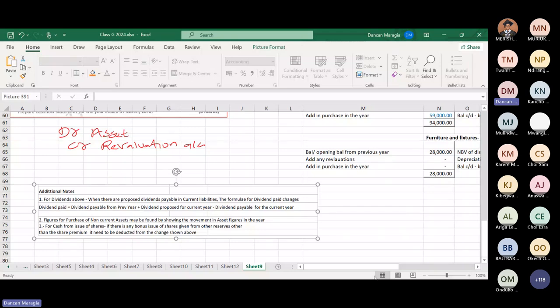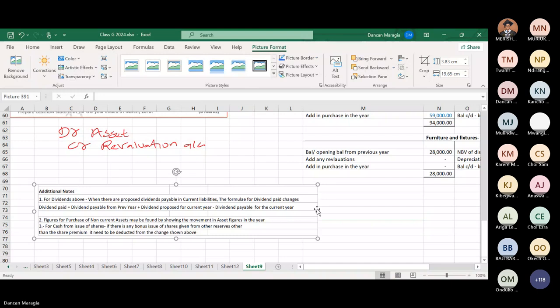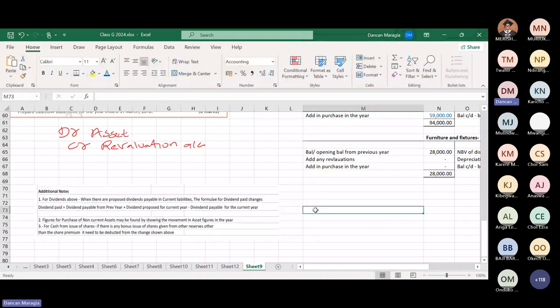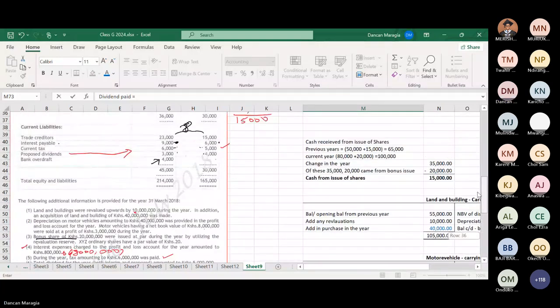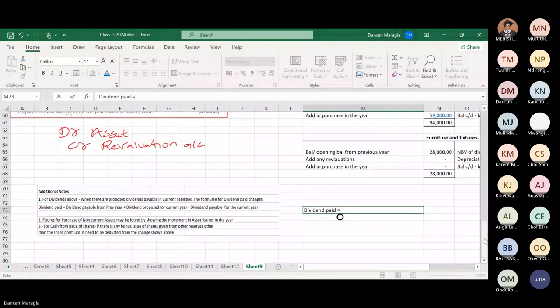So dividend paid should now be equal to the dividend payable from the previous year. How much was it? Proposed dividends payable from previous year was 4 million. In the current year, we propose to pay again 5 million. So in total, we should have paid 5 million in the current year, correct? The liability we had from last year and what we were supposed to pay this year.